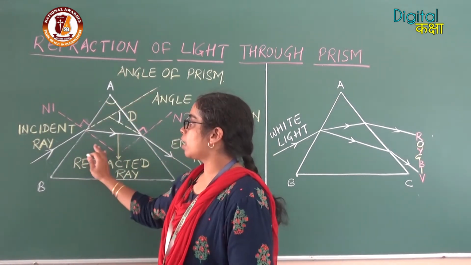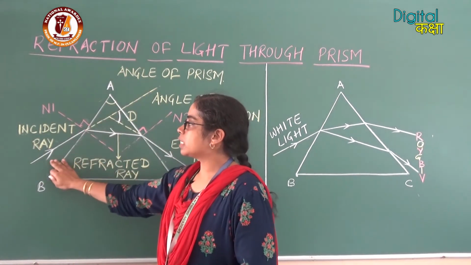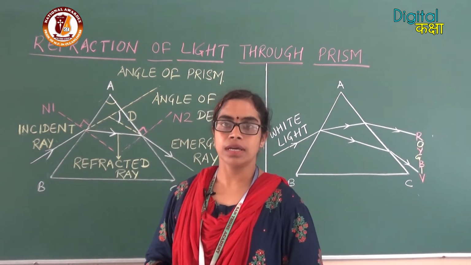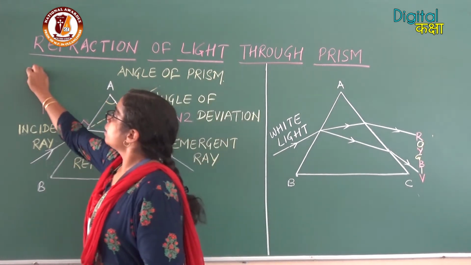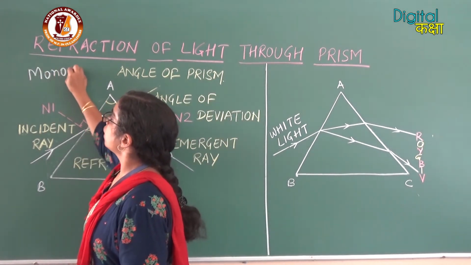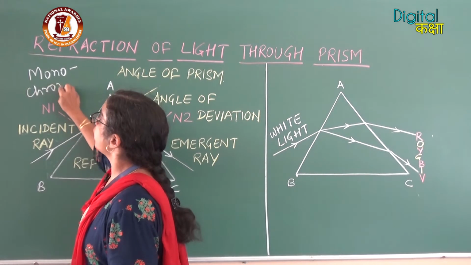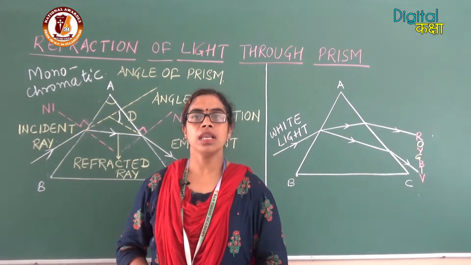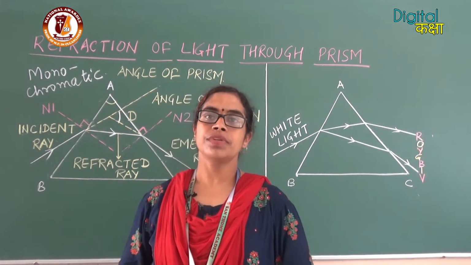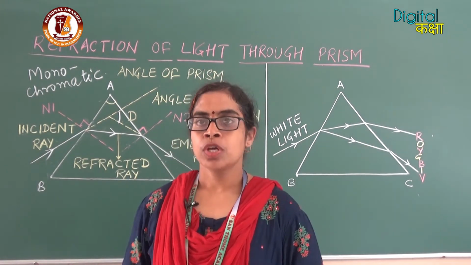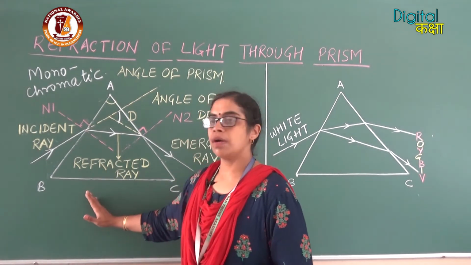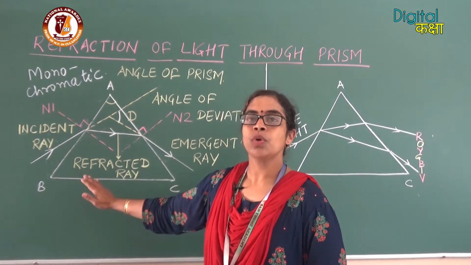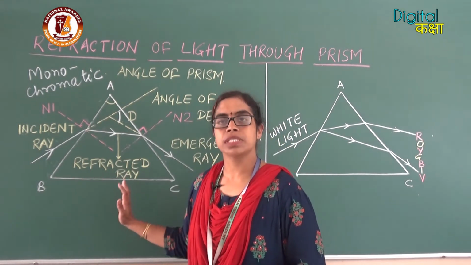In the first diagram, the incident ray is representing a light of a single color, and this light is also called monochromatic light, where mono means single and chromatic is a word related to light. So the first diagram is representing the refraction of the monochromatic light through the prism.